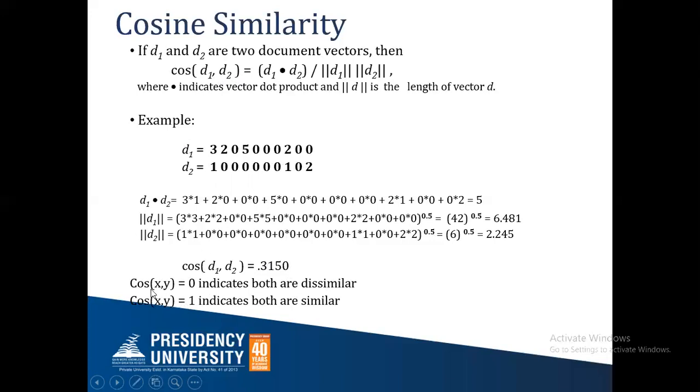If cos(x, y) equals 0, then it indicates that both points d1 and d2 are dissimilar. If cos(x, y) is 1, then both are similar. If it is nearer to 1, we can say it is similar. So here d1 is different from d2.